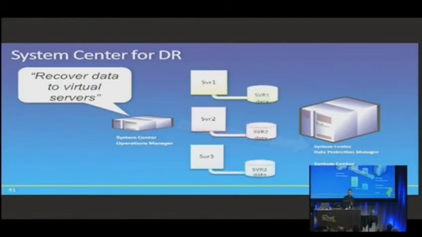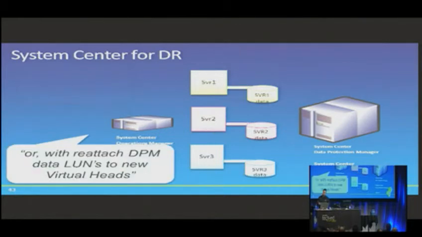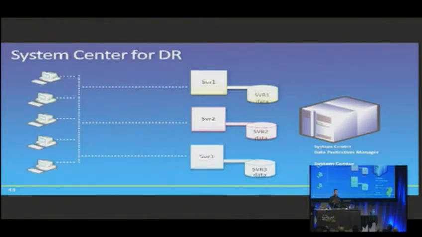You could also, if you have a SAN underneath that Hyper-V host, snap the LUNs off of the DPM storage pool and then remount them underneath those VMs. That gets you some interesting scenarios as well. But one way or the other, you now have live copies of your server with data up through the last 15-minute sync, or whatever the last data point is. All you have to do is reconnect the users.